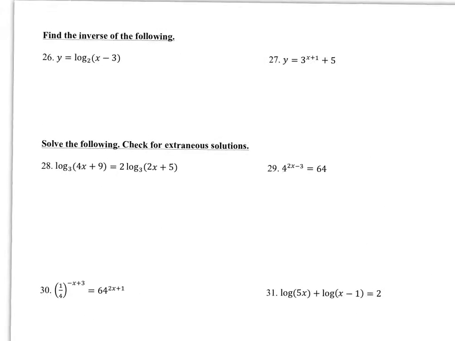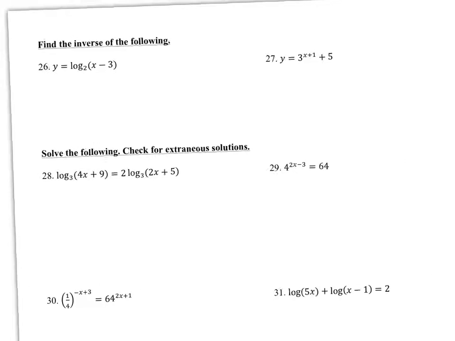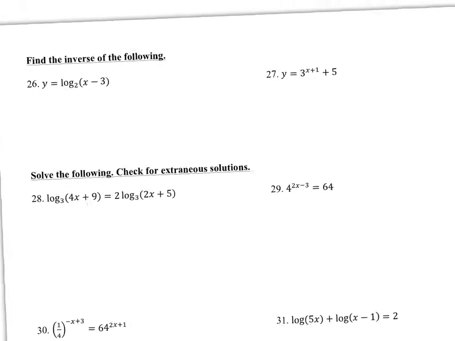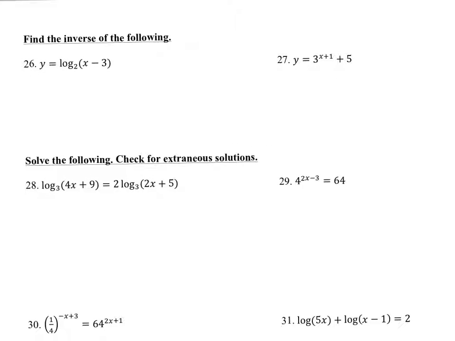So now we're going to talk about finding the inverse of the following. We didn't specifically discuss this, but it's been taught, so I wasn't really concerned about you not understanding what to do. When you want to find the inverse of something, all you do is switch x and y. So I'm going to put x where y is and y where x is.